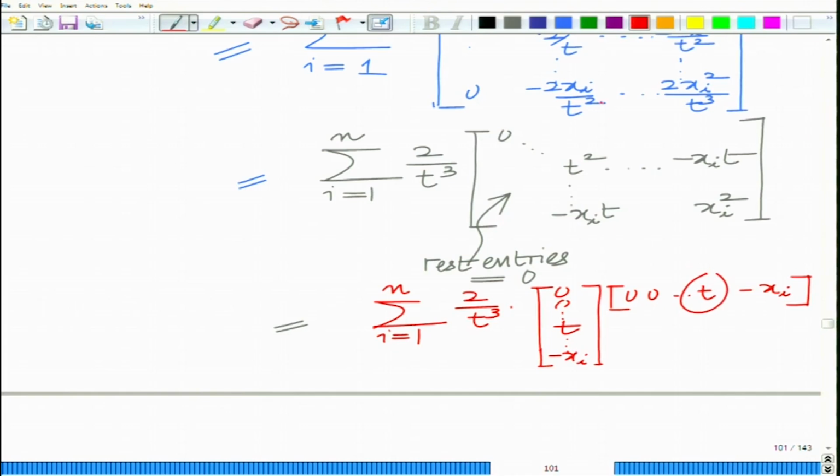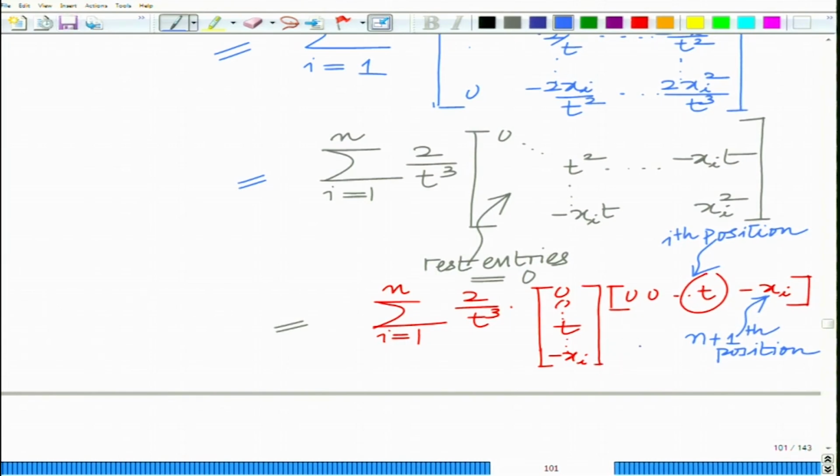So, this t is in the ith position, and this minus xi is in the n plus 1th position.